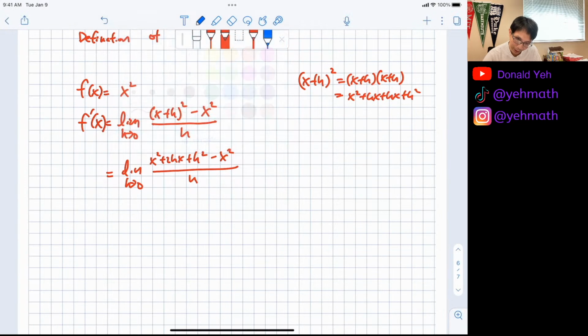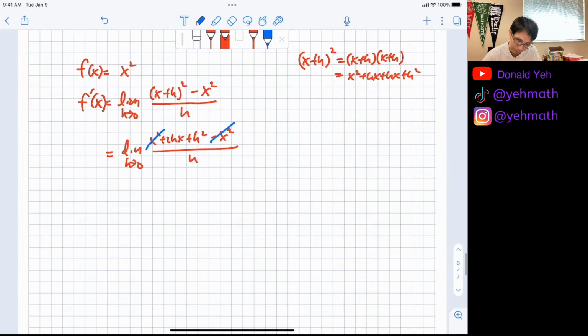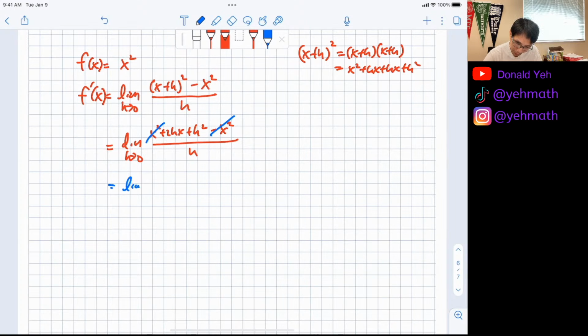Now, things will cancel out. You're left with the limit as h approaches 0 of 2hx plus h squared, over h. If I plug in h right now, it would give me 0 over 0, so there is an h that you can factor out.